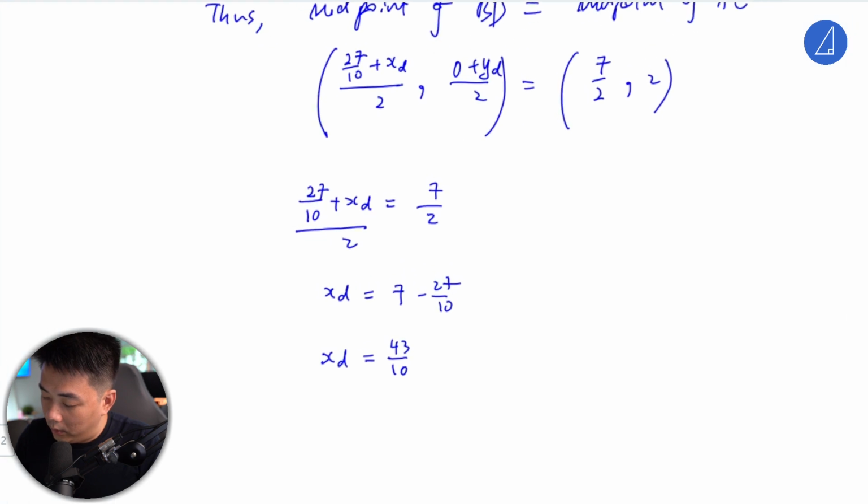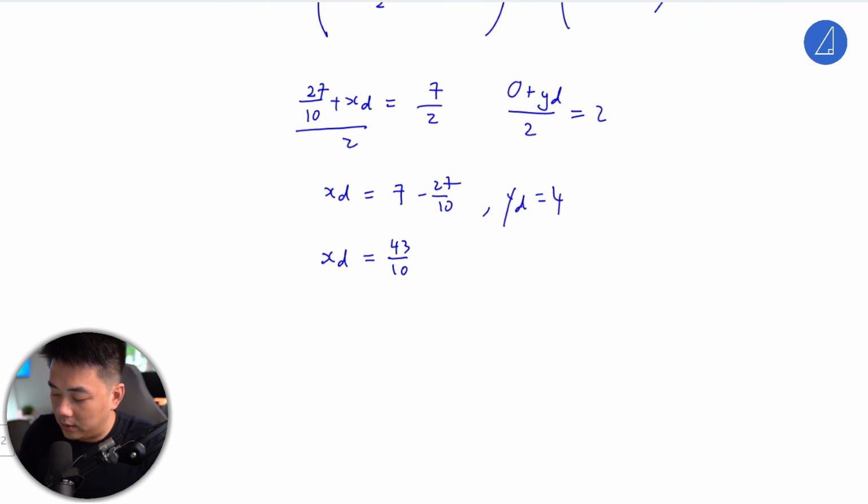Then your YD will be 4. So the coordinates of D are (43 over 10, 4).